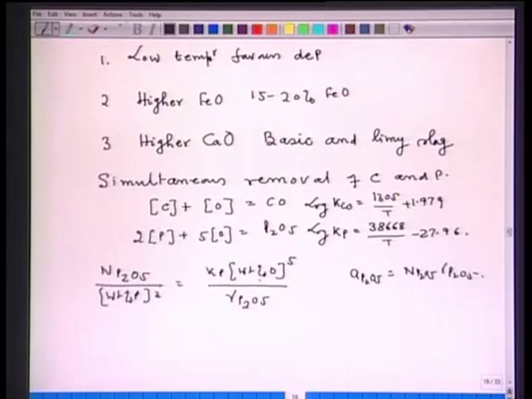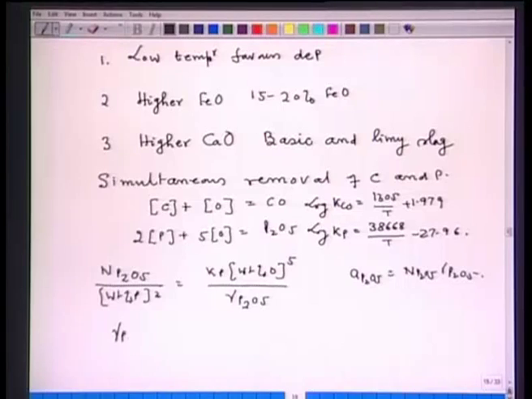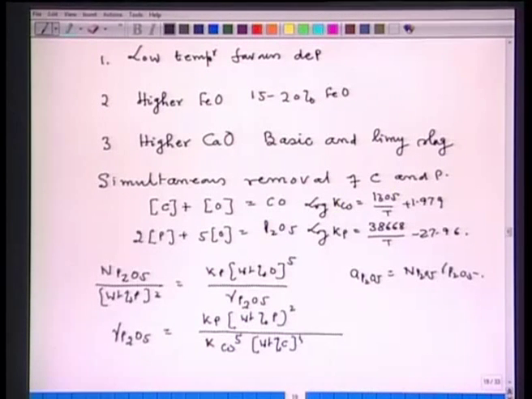Now, I have to replace wet percent O also. Already I have given the equation. So, if I substitute that value of wet percent O over here, and I try to get this equation, gamma P2O5 will be equal to Kp into wet percent P whole square upon KCO to the power 5, wet percent carbon to the power 5 Np2O5.